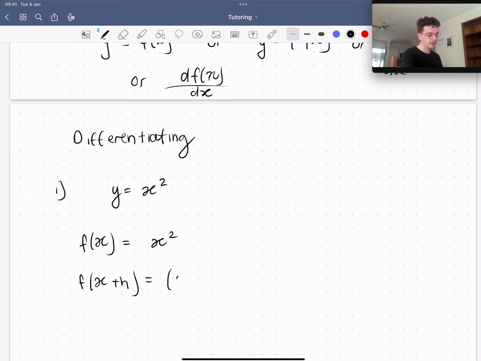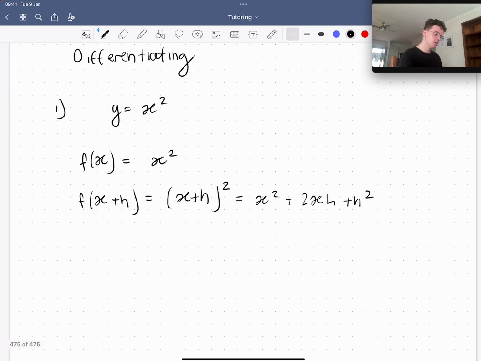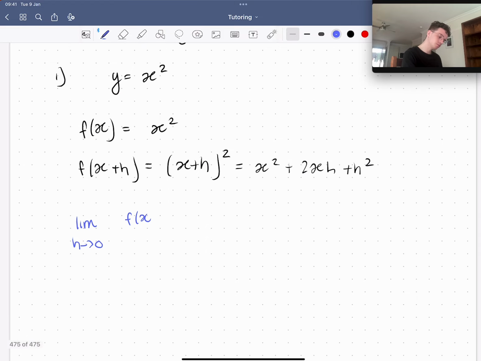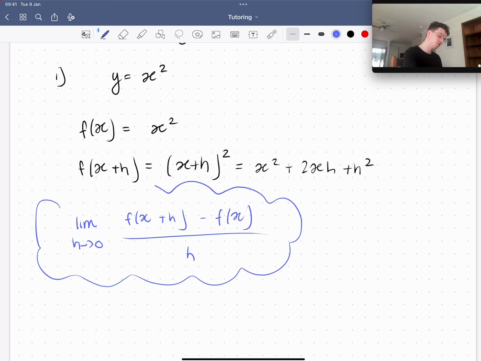And that's going to equal x plus h squared, which is x squared plus 2xh plus h squared. Now to differentiate, we use the fundamental theorem of calculus, which states the limit as h goes towards 0 of f of x plus h minus f of x on h. We're using this identity and we're going to substitute in, and that's equal to m, my gradient.